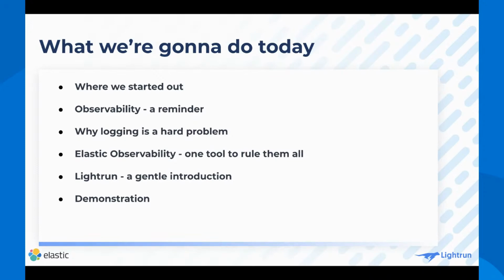Then we'll talk a tiny bit about Elastic Observability as a whole, and more specifically about what it is in comparison to the existing tools in the market. Show Lightrun, walk you through the architecture, what it does, how it works, what you can do with it, and finally go on with a full demonstration of the capabilities of both Elastic and Lightrun.